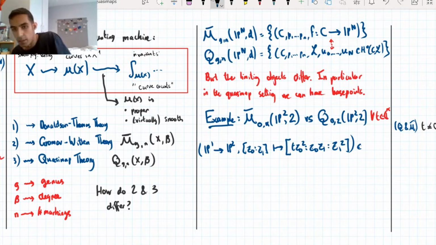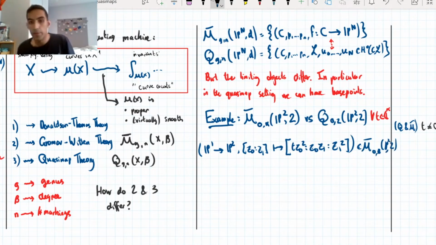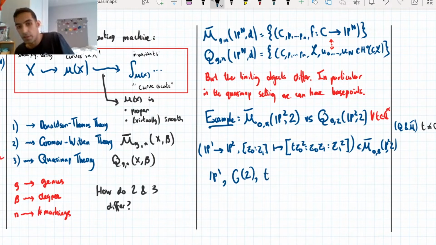Okay, and this gives me a perfectly good degree 2 map to P2, right? But equivalently, I could regard it as P1 together with the line bundle O(2), and then the sections t Z0 squared, Z0 Z1, and Z1 squared.